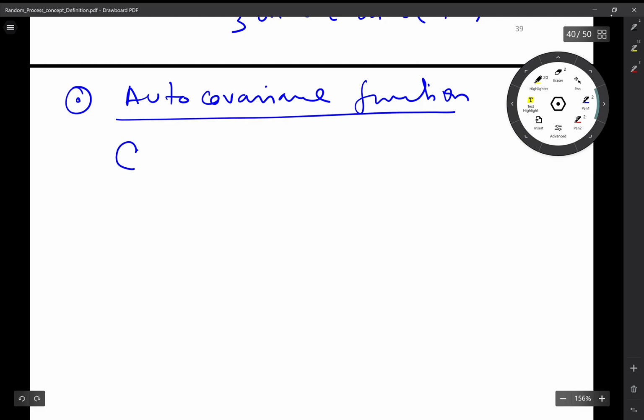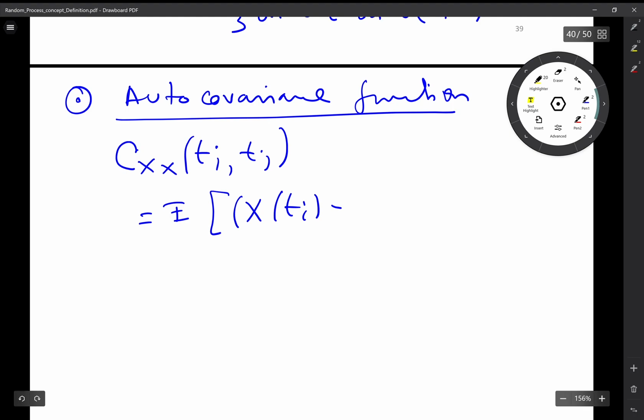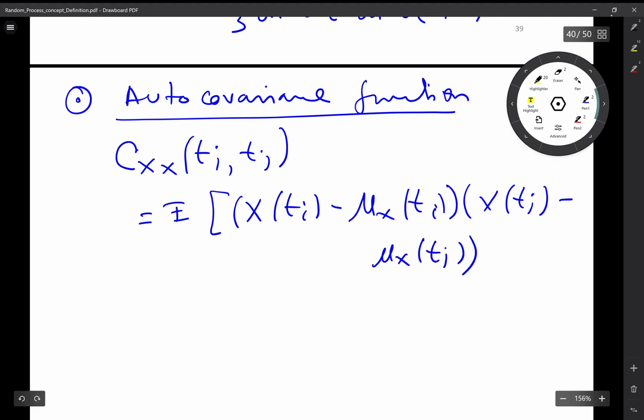Autocovariance Cxx(ti, tj) will be equal to E of (x(ti) minus mu x(ti)) times (x(tj) minus mu x(tj)), this one.